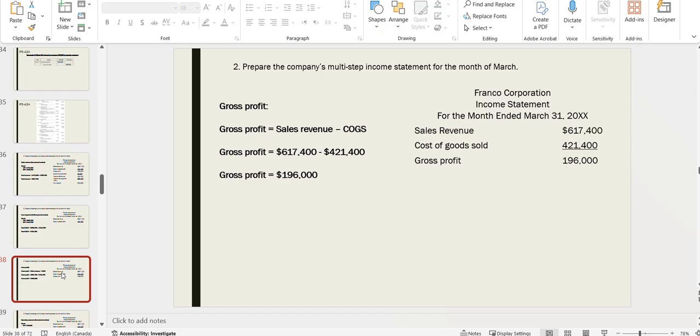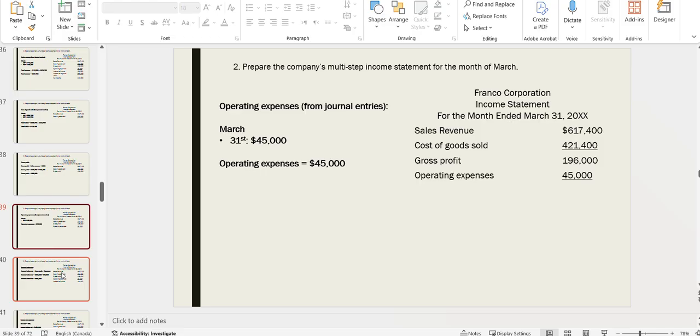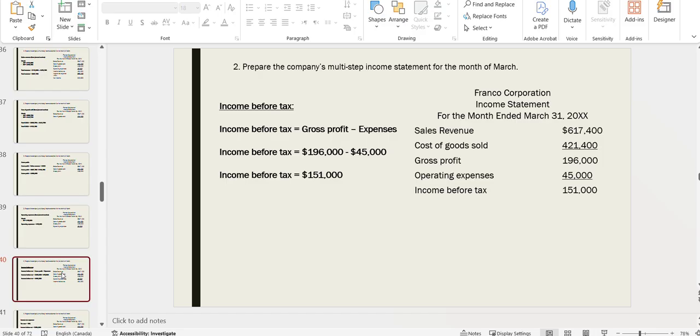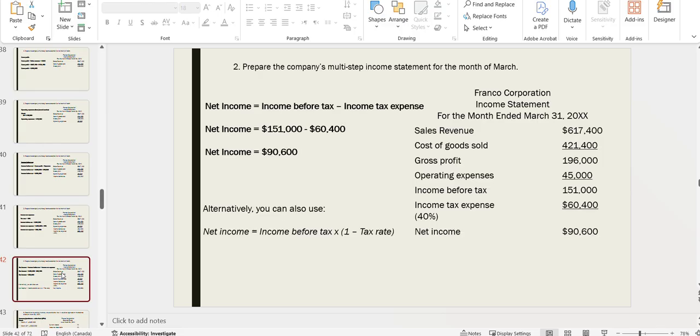You know your sales revenue, you know cost of goods sold, gross profit, and then we know how much is our operating expense and we have income before tax. And then the question told us that 40% of our income is for tax. So we calculate 40% of income before tax and it is our net income.